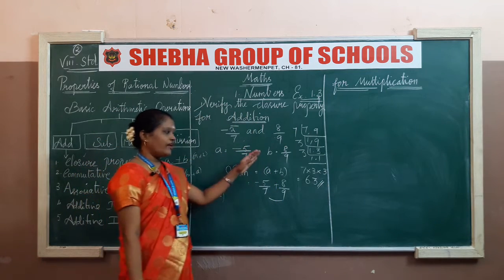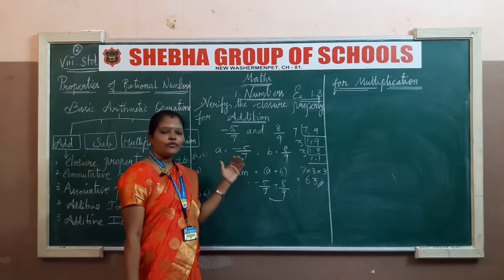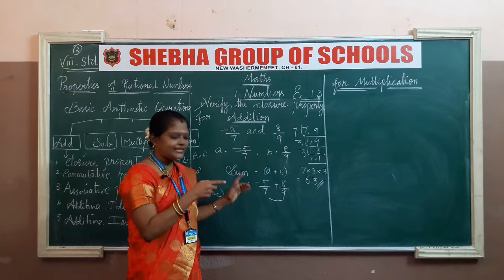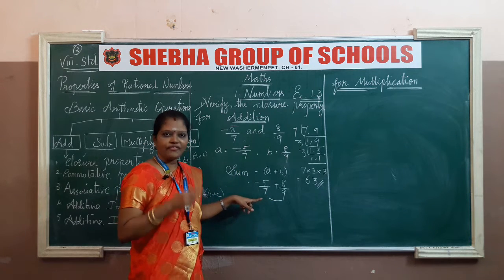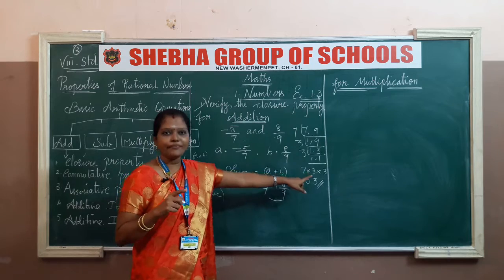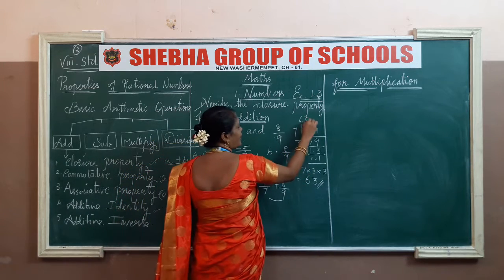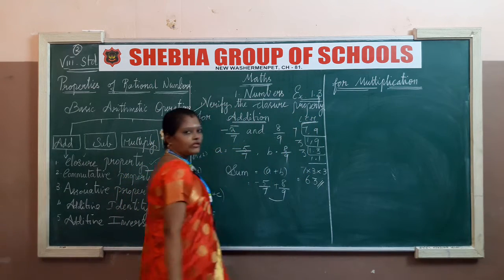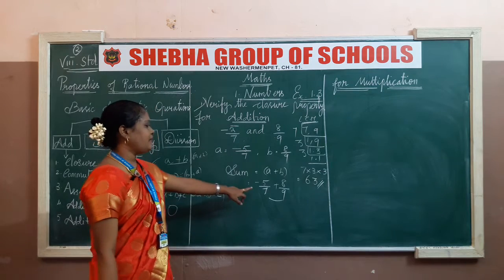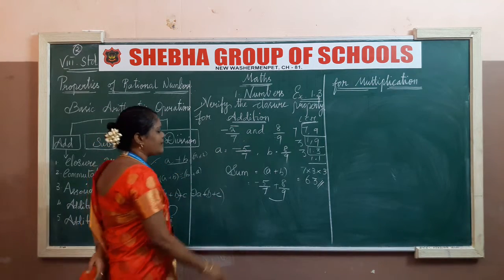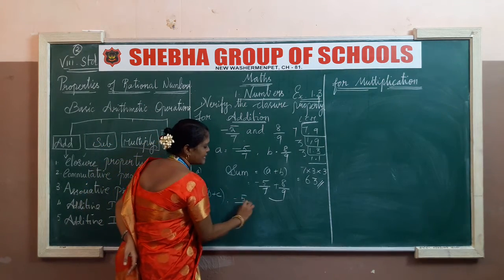Clear, children? When we want to add or subtract, whatever we are doing, we must see that the denominators are the same. If not, you must use the LCM and make the denominator the same for the 2 numbers. Clear? Yes, I am taking the first number. What is our first number? Minus 5 by 7.